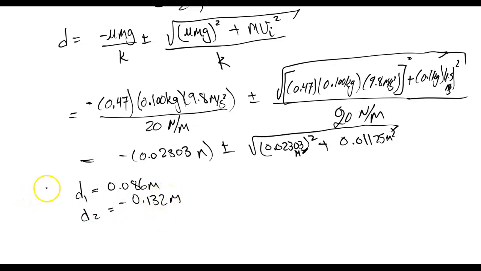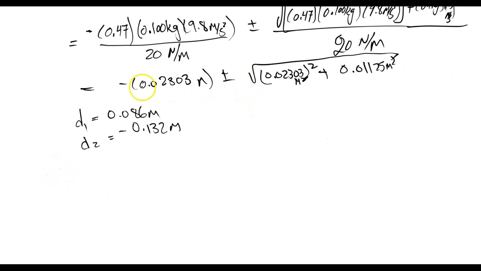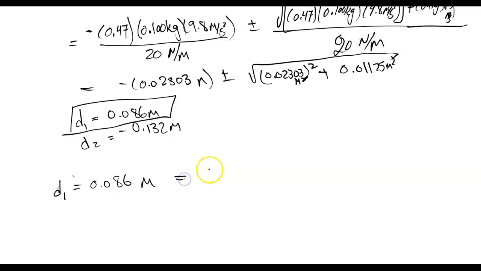We can only have a positive because we know that the glider is only moving in one direction. And we're told that it's a positive direction, so the only direction we can have is d equals 0.086 meters, which is the same as 8.675 centimeters.